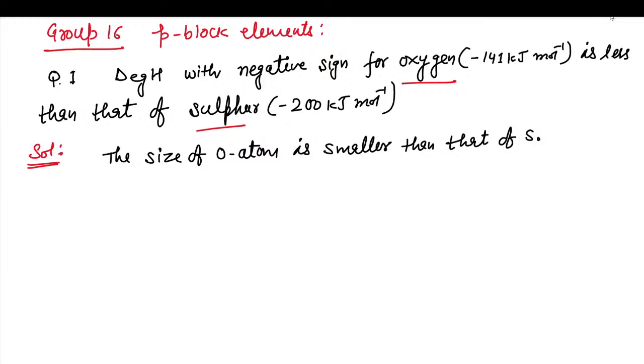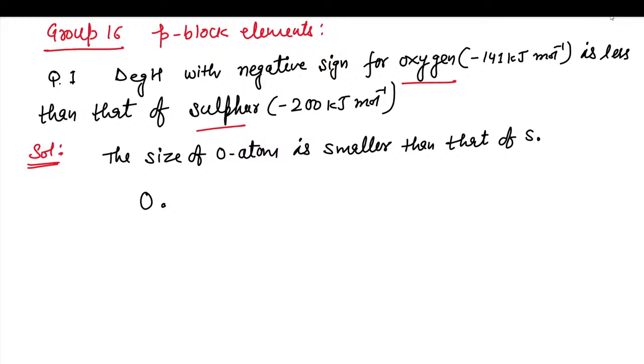This is the reason actually, because when an electron is added to a neutral gaseous atom, the electron repulsion experienced in the smaller 2p subshell of oxygen is comparatively larger than in the bigger 3p subshell of sulfur. That's why more energy is released.